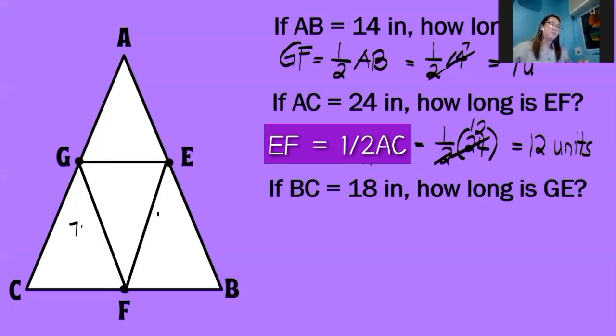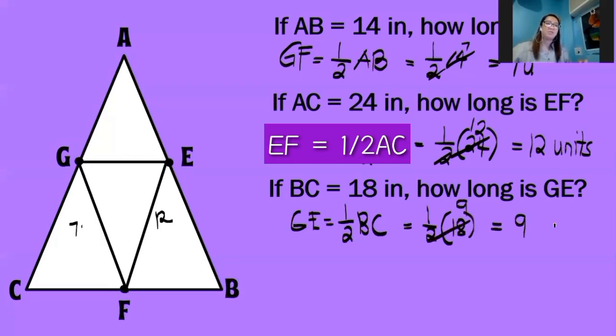You have 7 units, 12 units, and let's look for the value of GE, which is equal to 1/2 BC, and 1/2 times 18, divide, you'll have 9, and GE is 9 units. Okay? So we have 9 here.